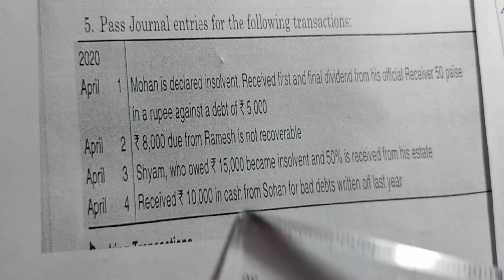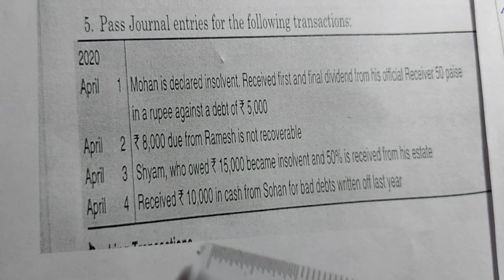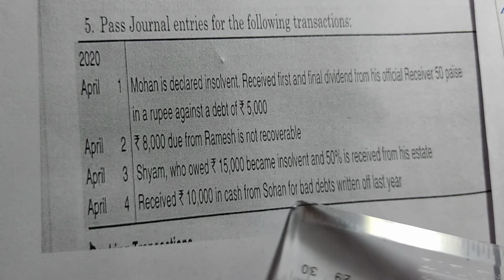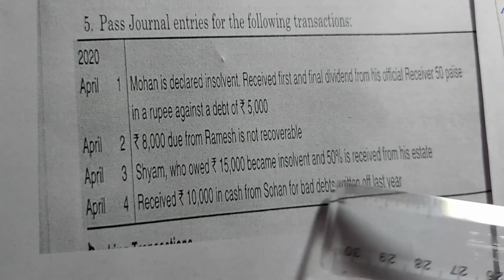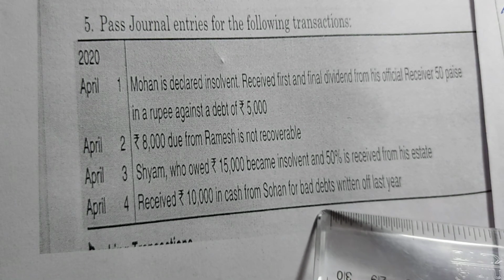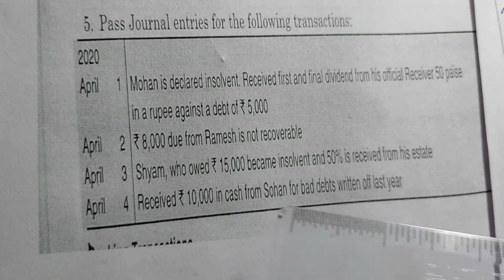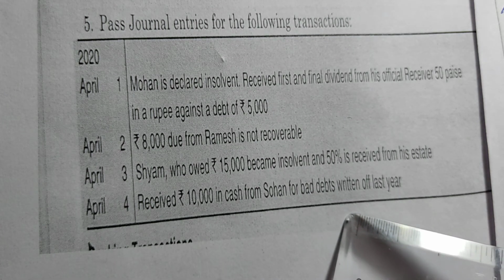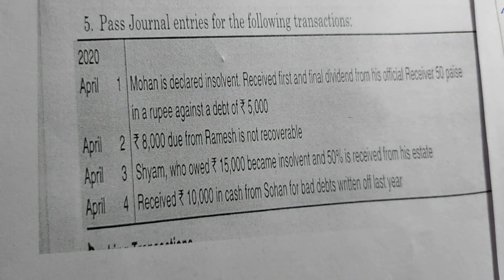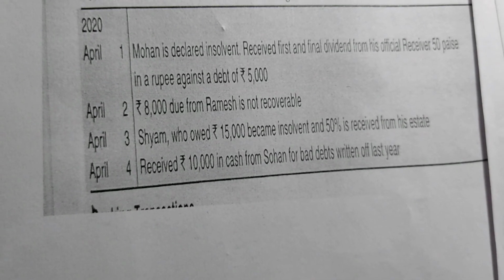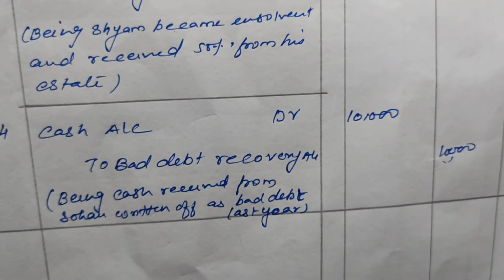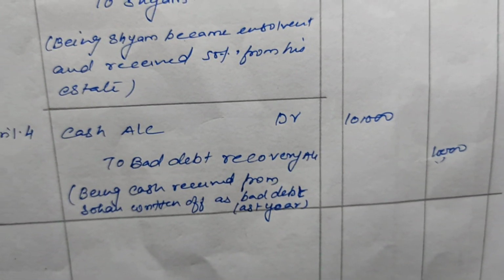So what will be the journal entry for bad debt recovery? Cash account debit to bad debt recovery account. Okay, this is important to note down, that when the bad debt written off is received, it will be credited to which account? Bad debt recovery account. An entry will be cash account debit to bad debt recovery, and amount will be 10,000. So let's see the entry: cash account debit to bad debt recovery 10,000, 10,000.